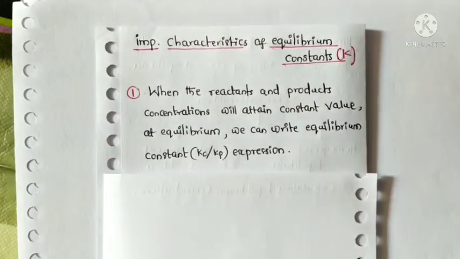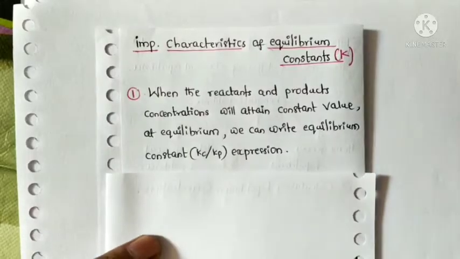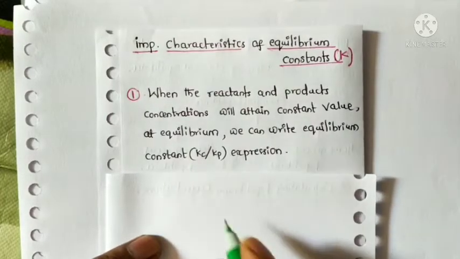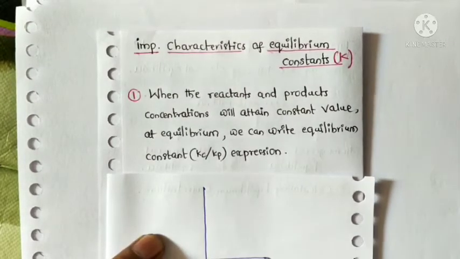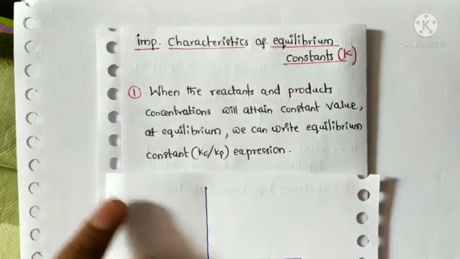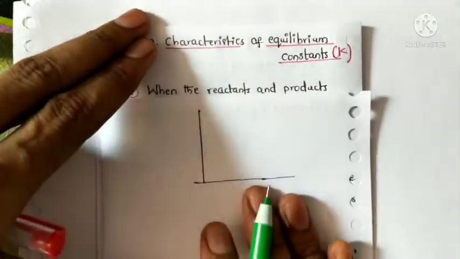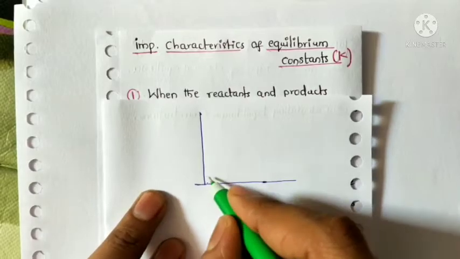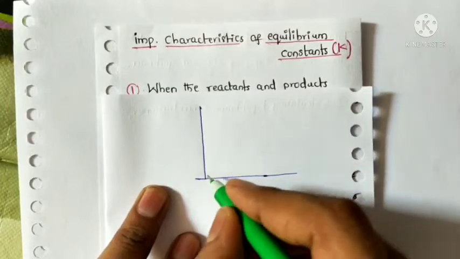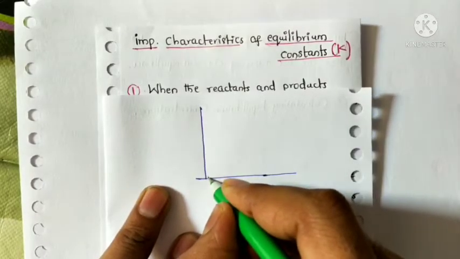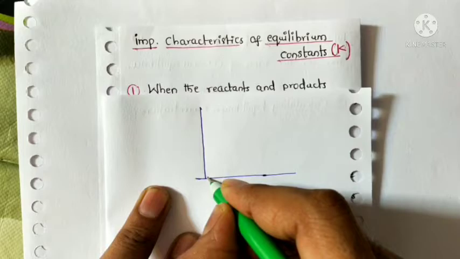Whenever a chemical reaction reaches the equilibrium state, the rate of the forward reaction is exactly equal to the rate of the backward reaction, as well as the concentrations of products and reactants remaining constant.